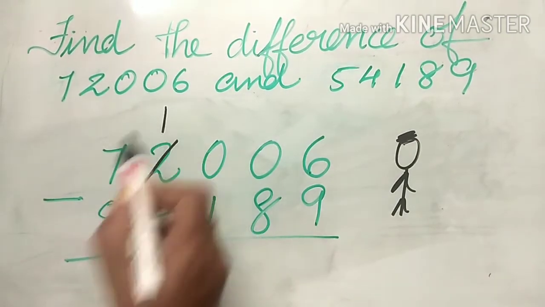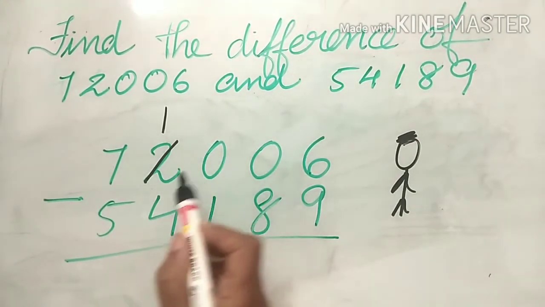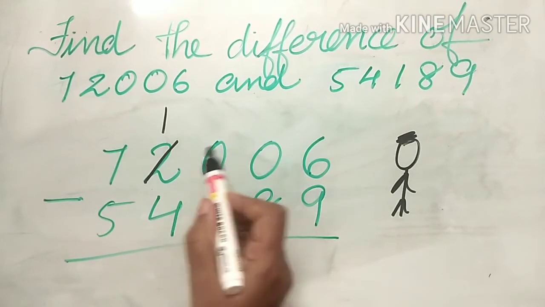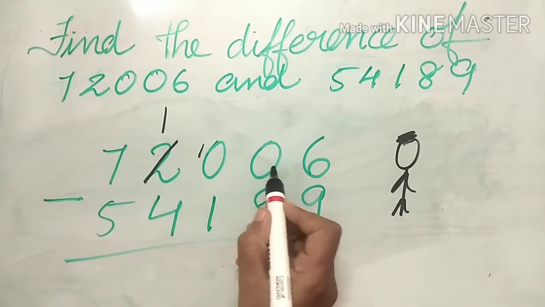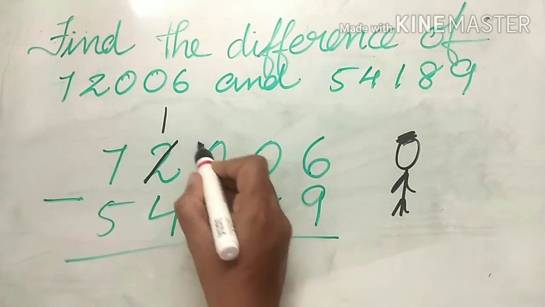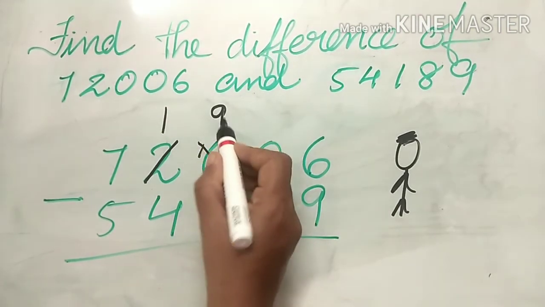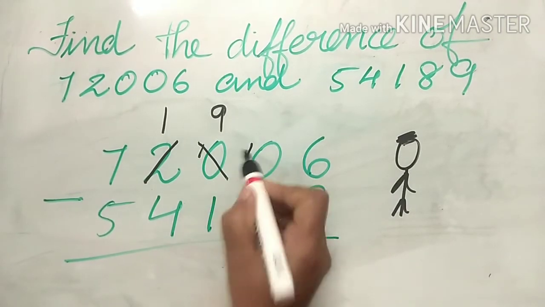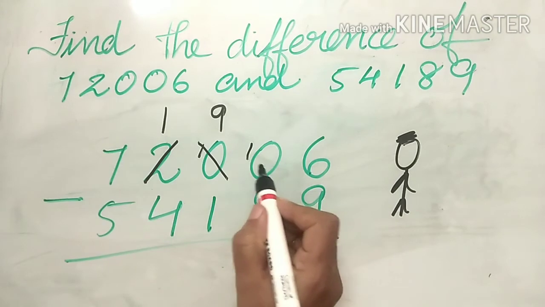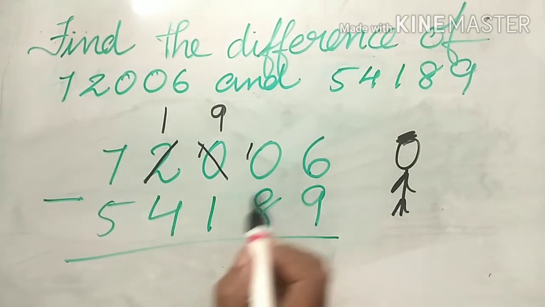So 2 becomes 1 and the 0, after sharing, becomes 10. Now this 10 is going to share 1 with this 0. So this 10 becomes 9. 9 is the number just before 10. So this 0 becomes what? 10. Now this 10 will share 1 with this 6.